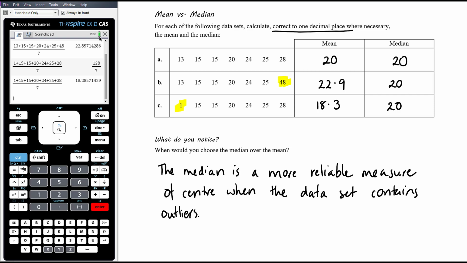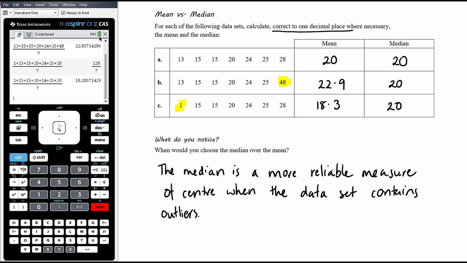So a common example where we frequently see the median quoted is in terms of schools. When they quote their ATAR results at the end of the year, they usually quote their median ATAR rather than their mean ATAR, because their median ATAR isn't skewed by outliers.